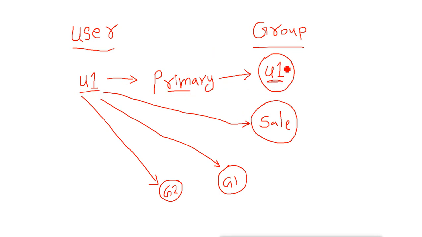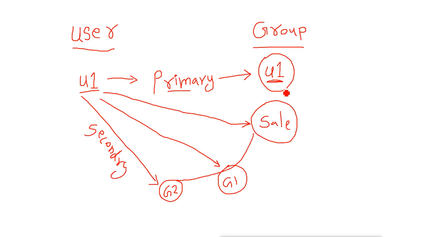So this is the primary group of this user. All these other groups will be called secondary groups for this user. So a user can be a member of hundreds of groups, but only one group will be the primary group, and the rest of the other groups will be called secondary groups.